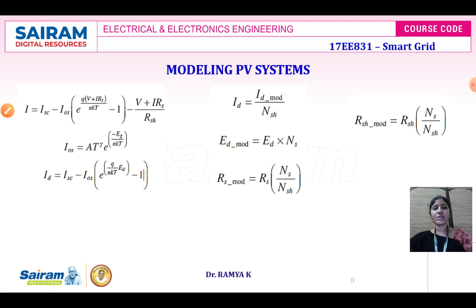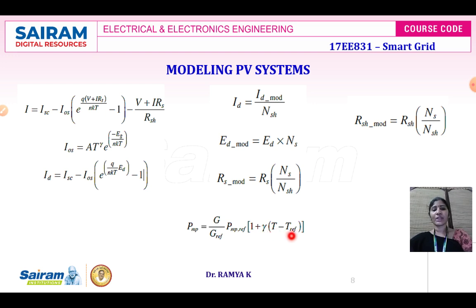Once the system is modeled, you will get the maximum power. This maximum power depends upon G. G is nothing but your global radiation. Each global radiation will have a reference radiation, that is G reference. PMP is the maximum power point reference value, and gamma is the temperature coefficient.